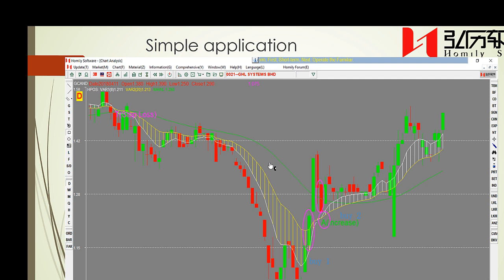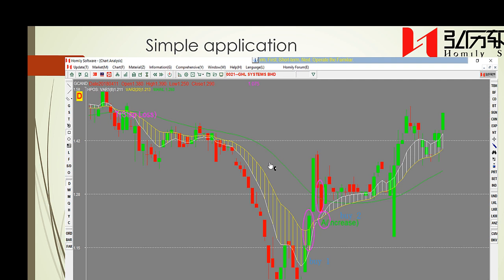But we can see here the price keeps moving sideways. So shall we sell it or keep it? Like this, we can draw a support and resistance line, from here to here. If the price cannot drop below the lowest price, we can keep it.